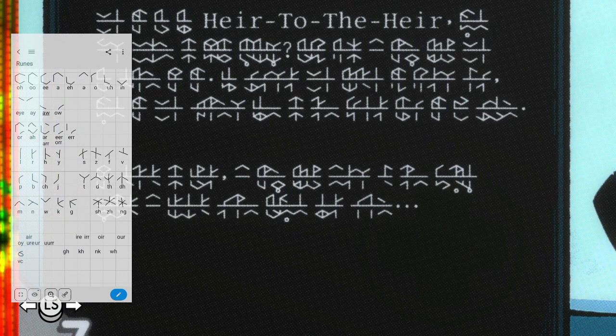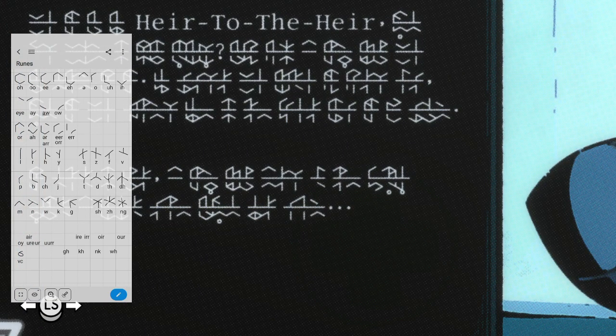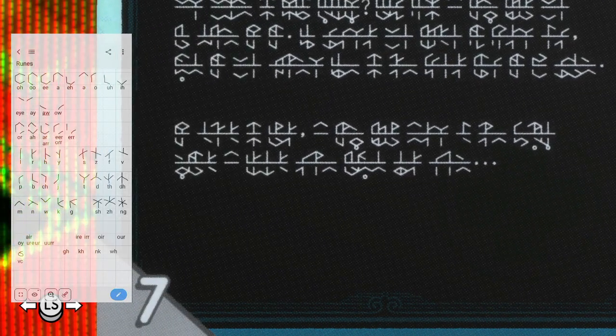The Ruin Seeker must buy some miracle. Invoke. Does that say invoke? Yes, it does say invoke.